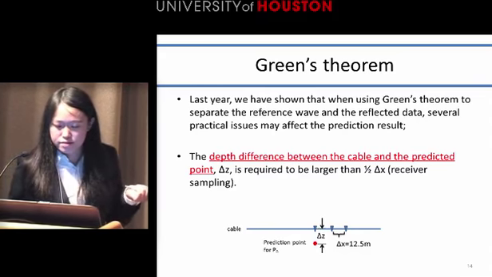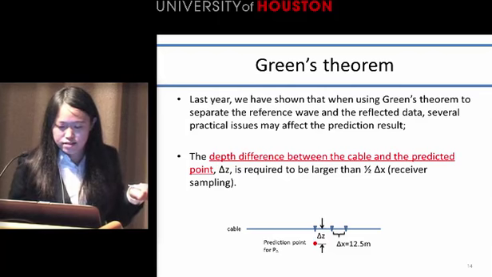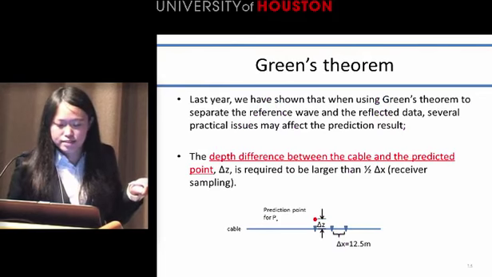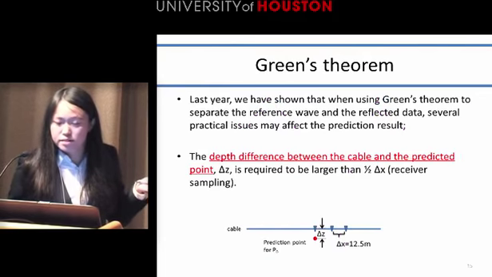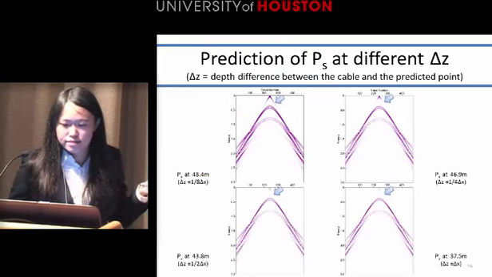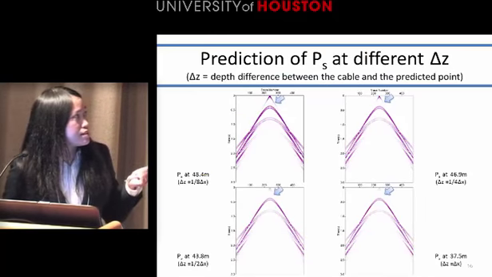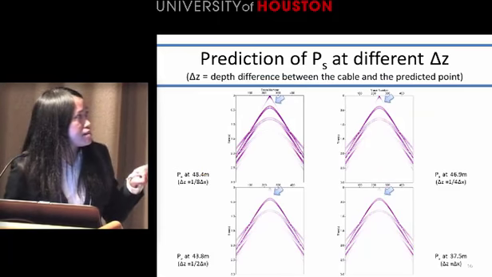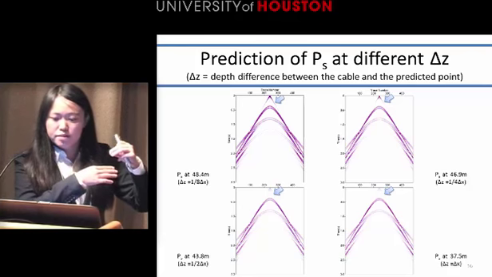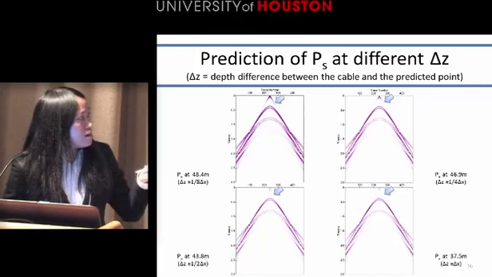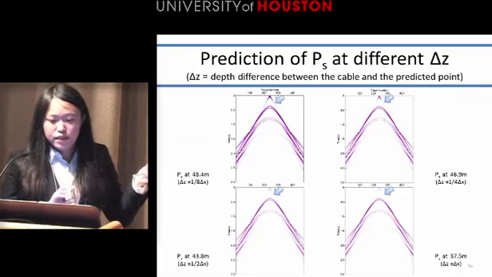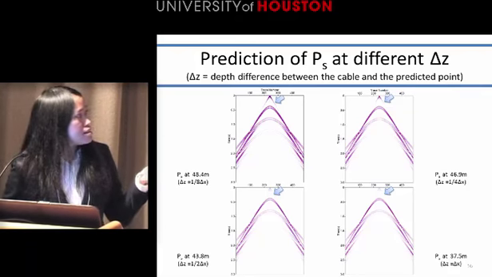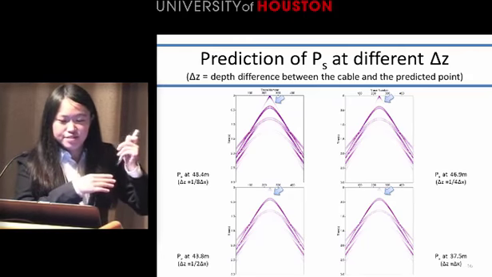Next I will show the different prediction results if we choose different delta z, for the scattered wave and also for the reference wave. So this is the prediction result of the scattered wave at different depths away from the cable. And 1, 2, 3, 4 are showing the different delta z.